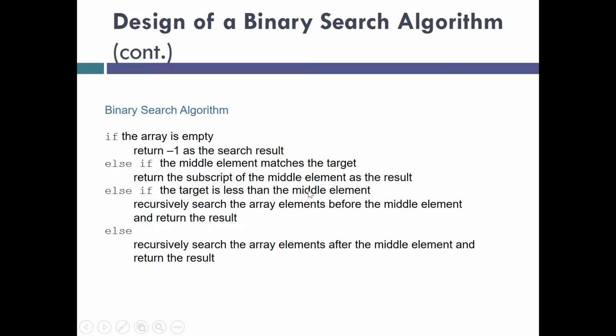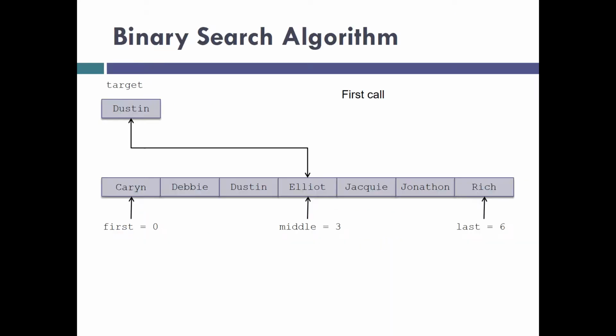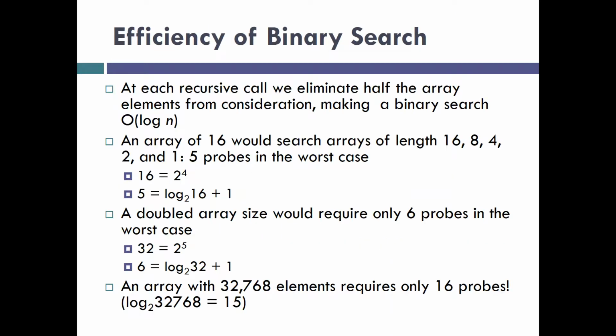Otherwise, if the item we're looking for is less than the middle element, recursively search all the items to the left. Otherwise, recursively search all the items to the right. We'll figure out how to do left and right in a bit. But this is really efficient. With 32,000 elements, it's going to take only 16 probes.